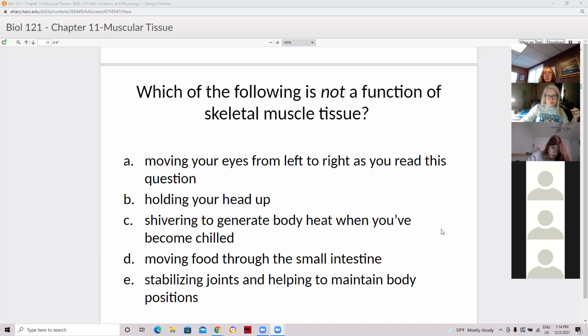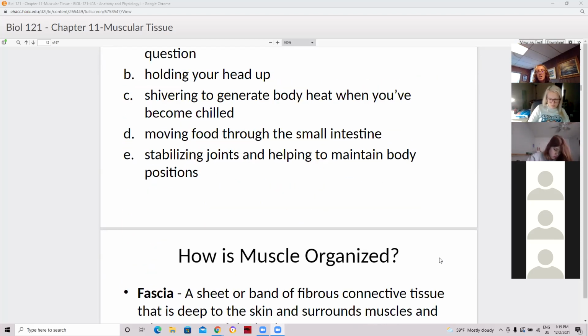Which of the following is not a function? If you're holding up your head, is that a function of skeletal muscle? Oh no, it is, yeah. If you're moving your eyes from left to right, that's skeletal muscle. Kevin, why do you think it's D? That's smooth muscle that does that, right? Right, so the answer is D.